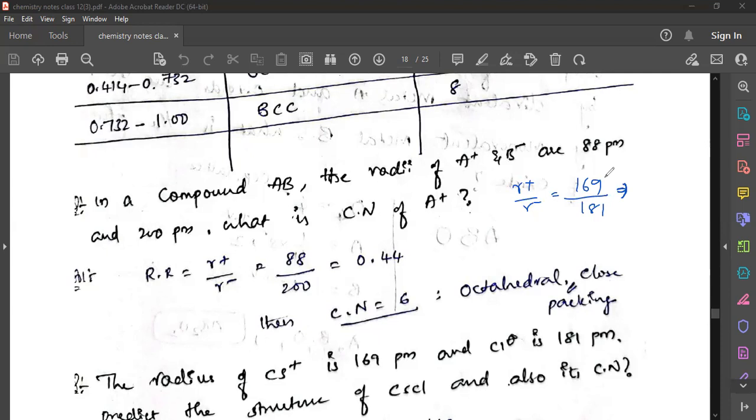What is the answer? Anyone? Daria, Shruti, Vishwanath.